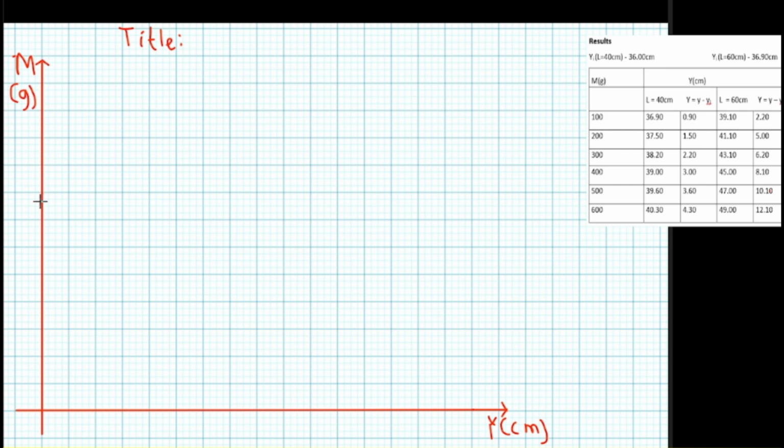You're plotting a graph of M against Y. So the title of the graph is simply going to be a graph of M in grams against Y in cm. And then the next thing now will be to get the scale of the graph.